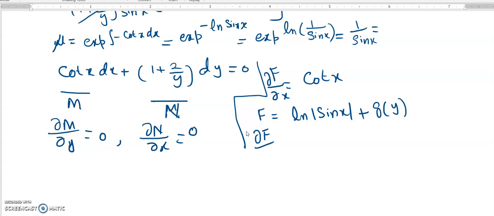Now we take partial f over partial y, which will be 0 plus g prime of y.